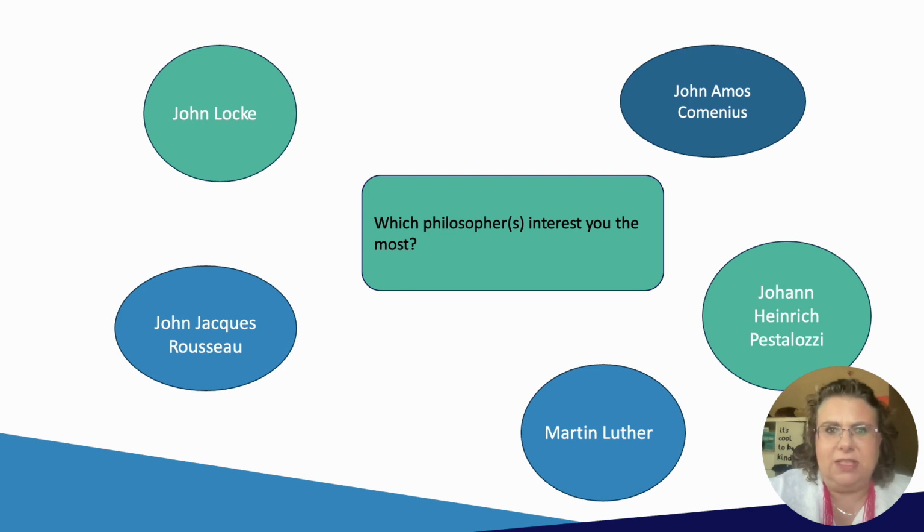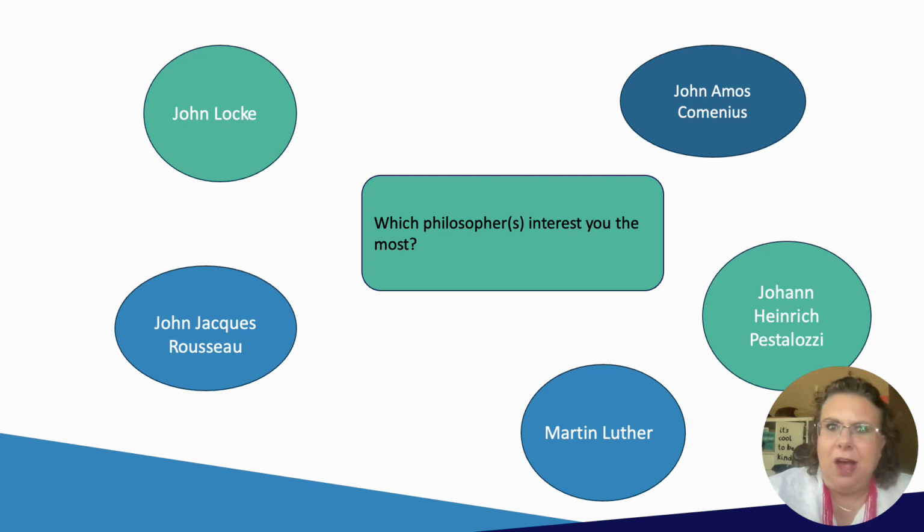Each of these philosophers brought a little something that changed the Western thought about early childhood education. What we want you to do is think about them. If you need more information than what's available in the text, please feel free, Wikipedia or other sources, to get more information about their thoughts about early childhood education, or about childhood in general.